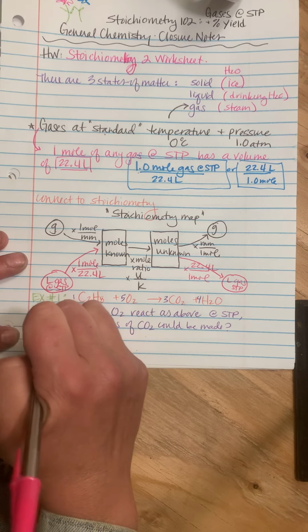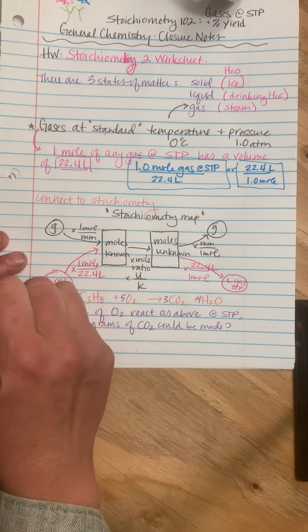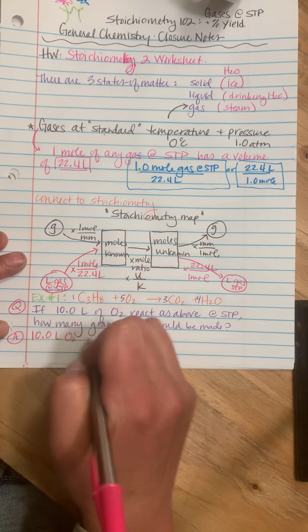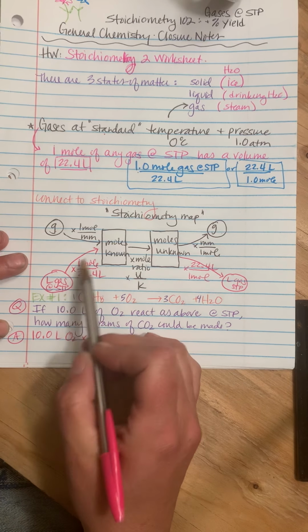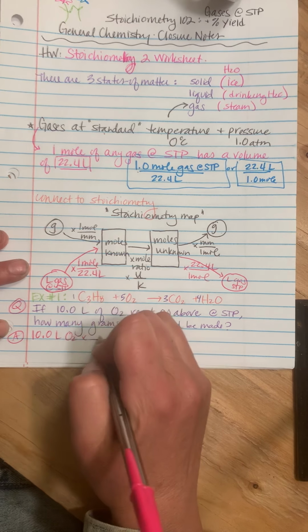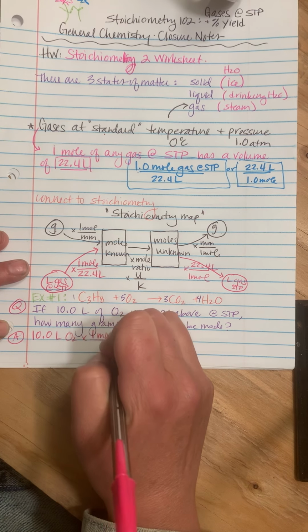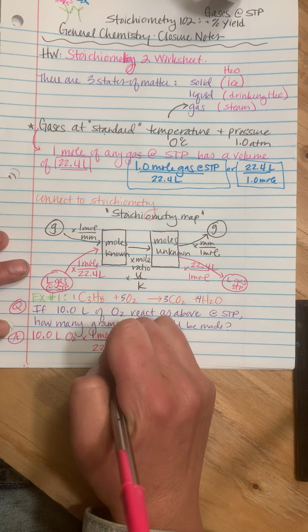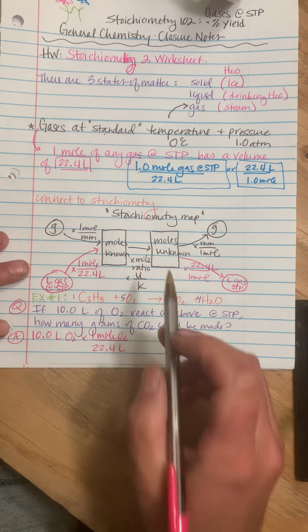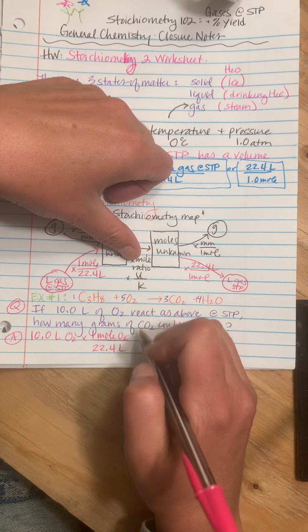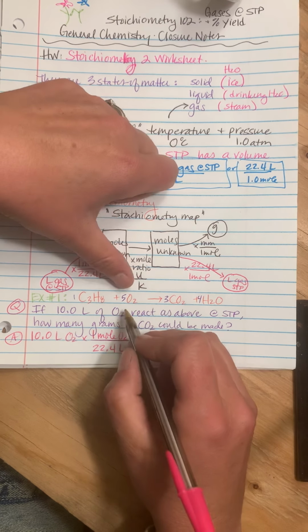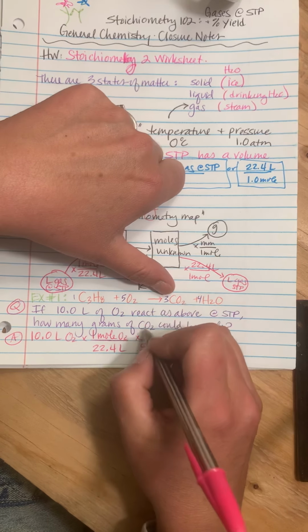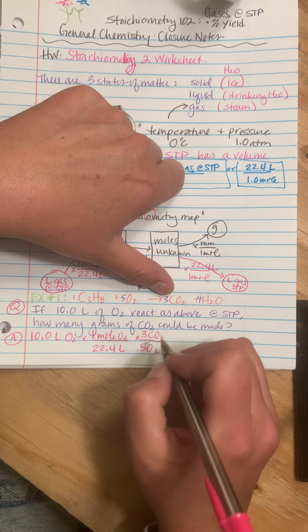We'll start here with 10 liters of O2, and we're going to use this equivalence because that equivalence is legitimate for any gas. So 1 mole of O2 at STP is 22.4 liters. And then we would have our mole ratio, and on the bottom would go the oxygen because that's what we know about, and on the top is going to go the CO2, which is 3 CO2.